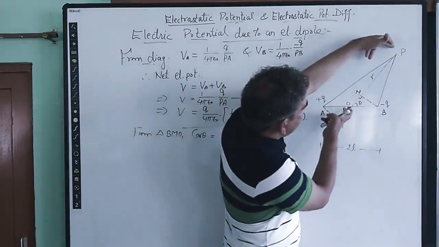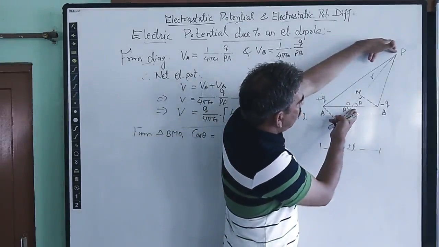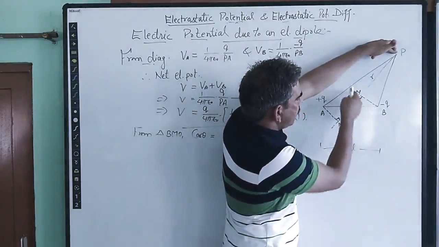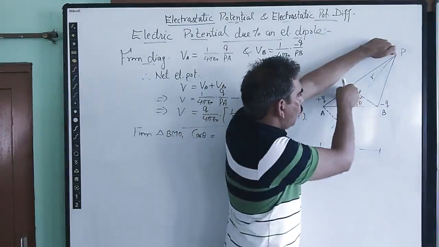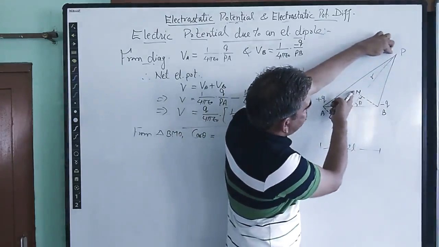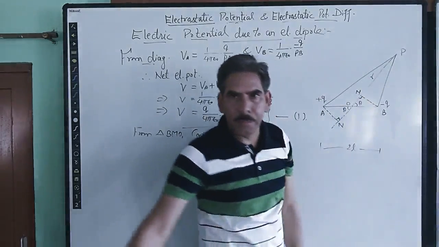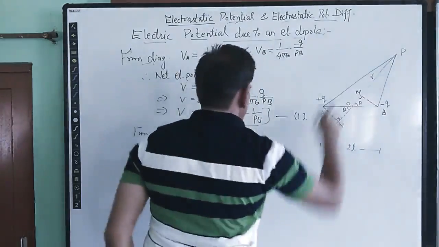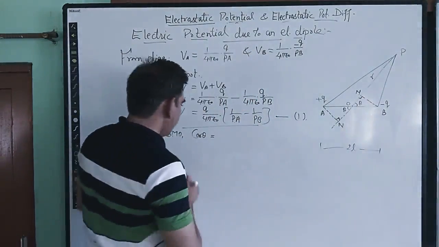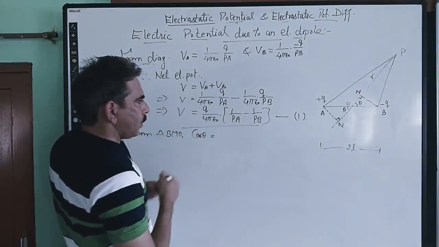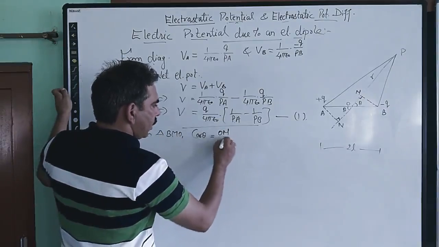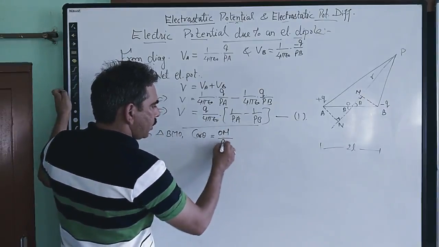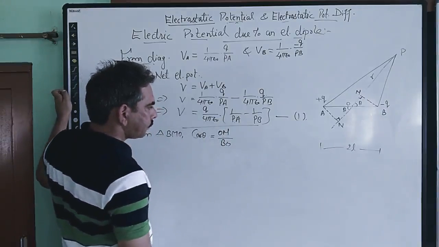PM is nothing but PO minus MO. Whenever we subtract MO from PO, we are left with only PM, which is very nearly equal to PB. So that's why we have drawn perpendiculars here. Cos theta in this triangle BMO is equal to base upon hypotenuse. The base is OM and the hypotenuse is BO, or OB.